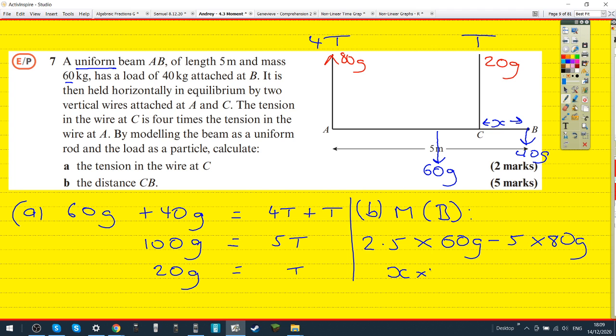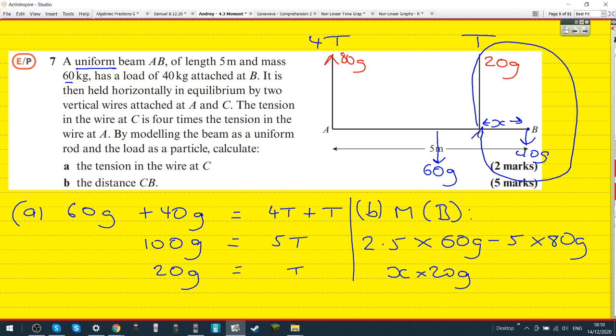Yeah. Plus or minus? Is it going anti-clockwise, so plus? So B is the moment that it's spinning around. Sorry, so clockwise, so minus. Yeah. So those are our three forces. It's held in equilibrium.